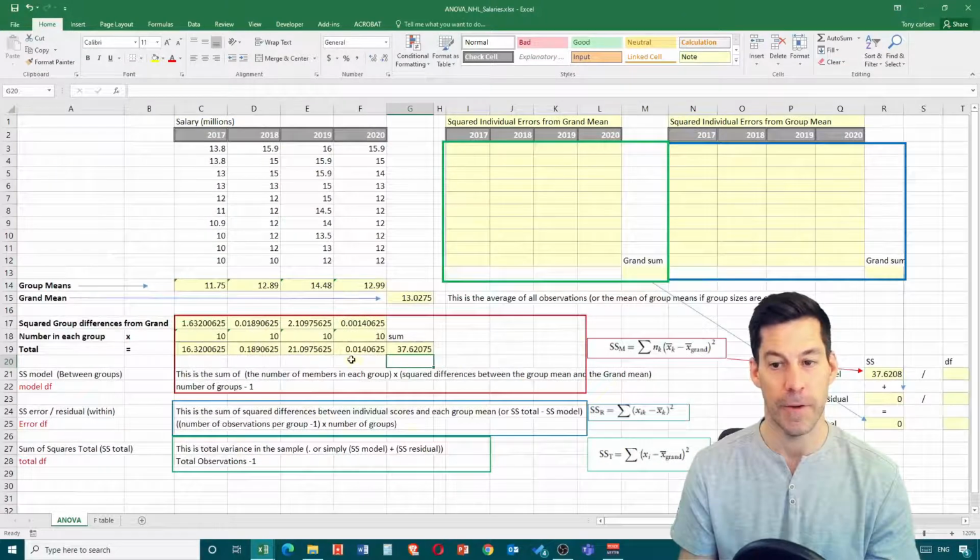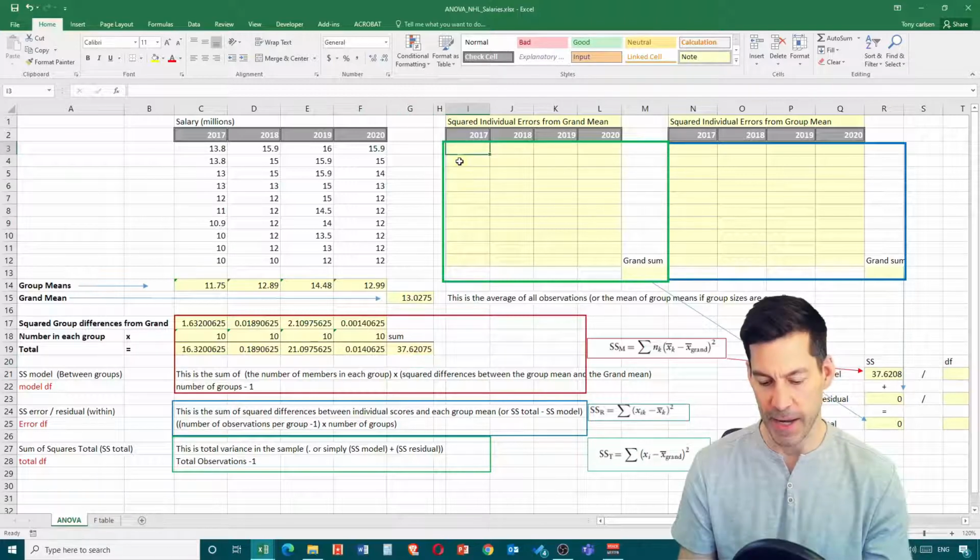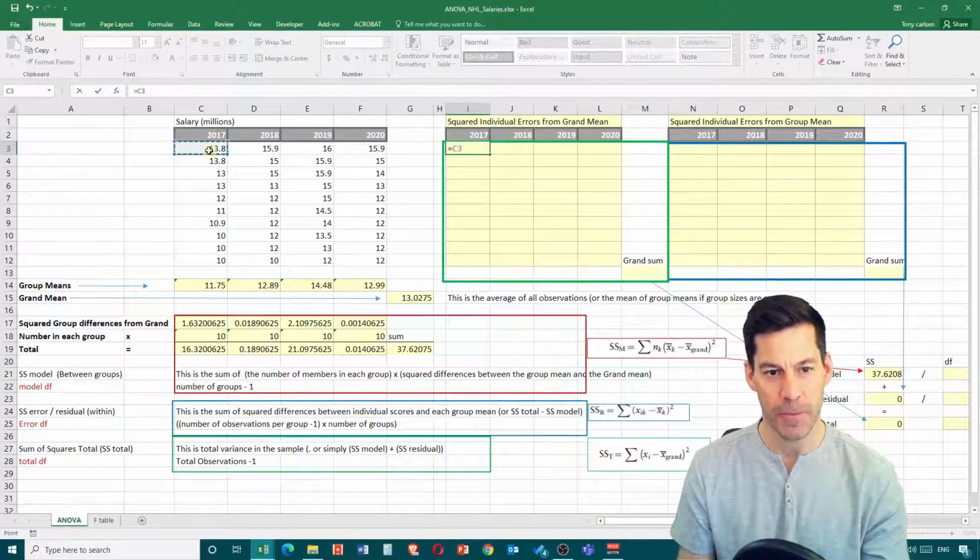Okay, good so far. The next thing we need to calculate is squared individual values from the grand mean, and squared individual errors from the group means. The way we're going to do that is by using a table here. I know my grand mean is here and my group means are here. So I want to take equals this value, from the grand mean, minus the grand mean.